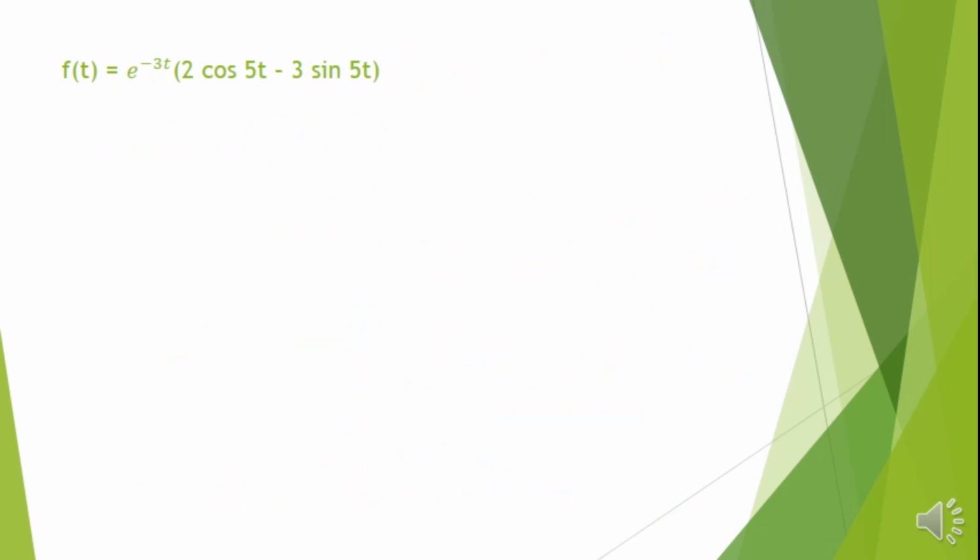Next, f of t is equal to e to the power minus 3t into this.